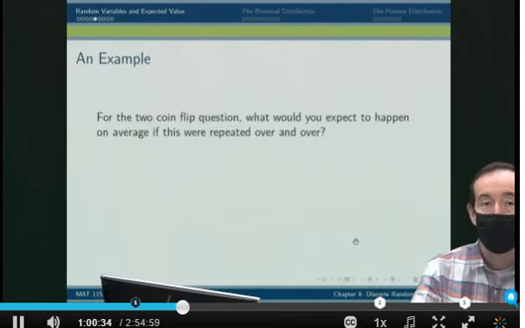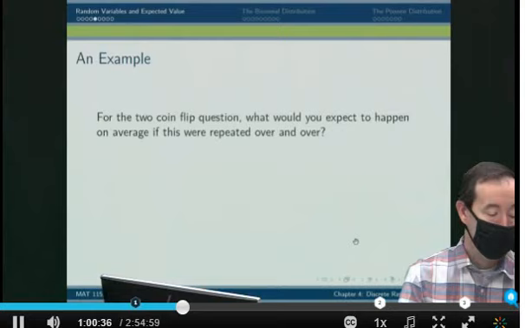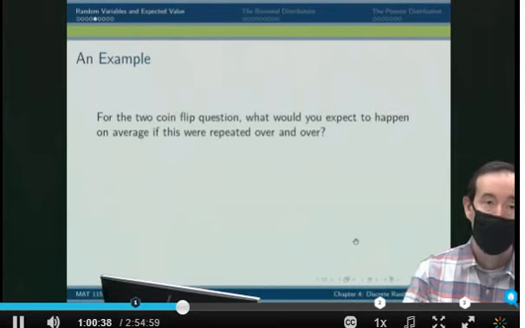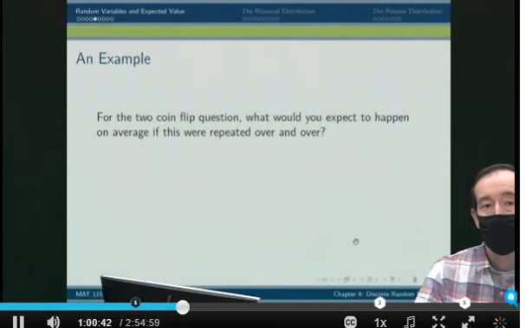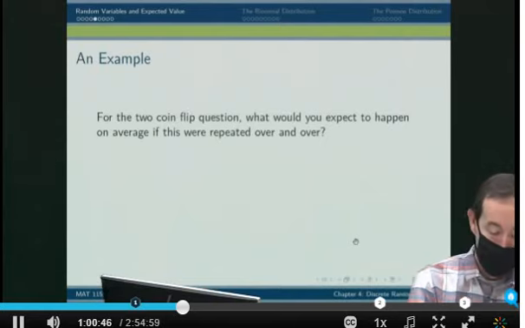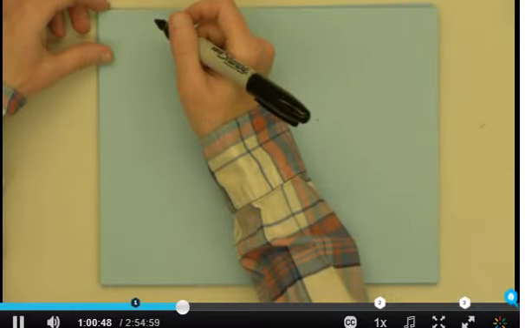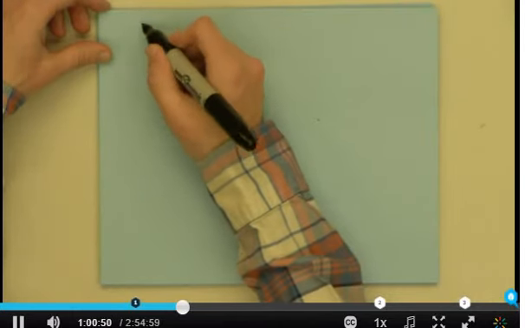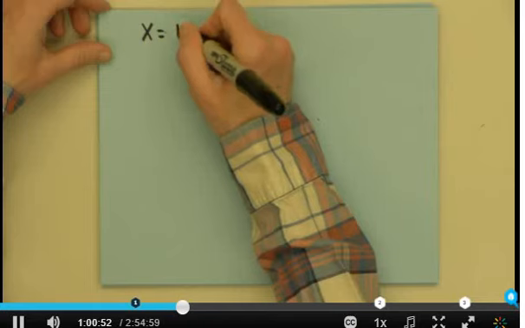So let's do that. Let's do it for the coin flip question. If I were to do this over and over and over again, flip a coin twice and record how many heads, what would I expect my average outcome to be?